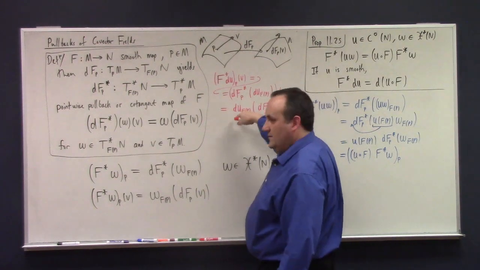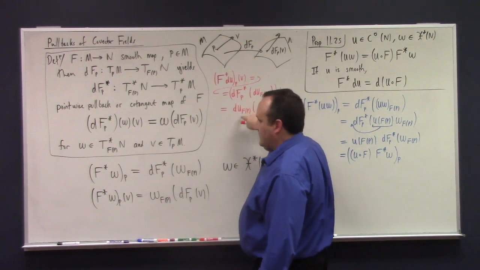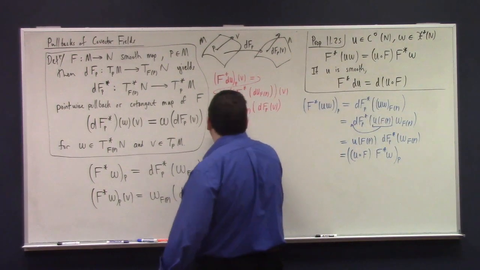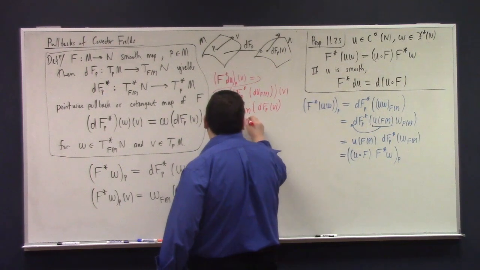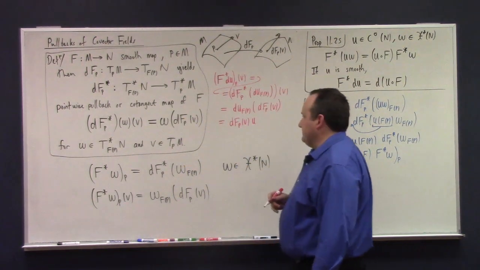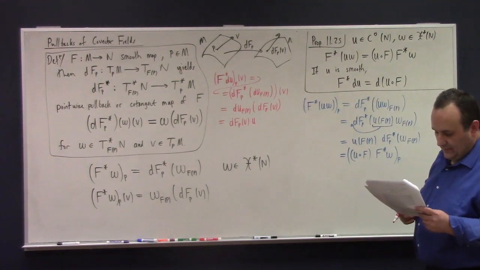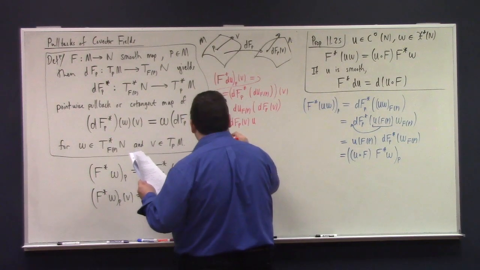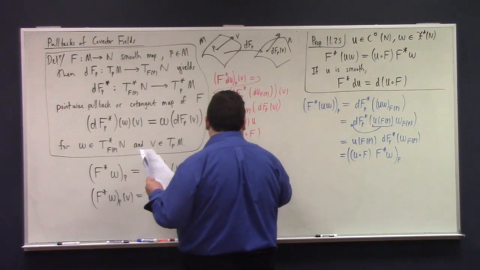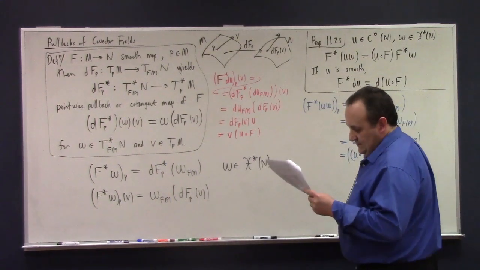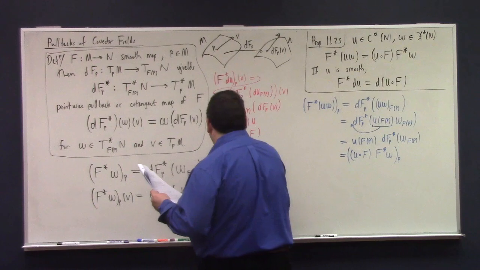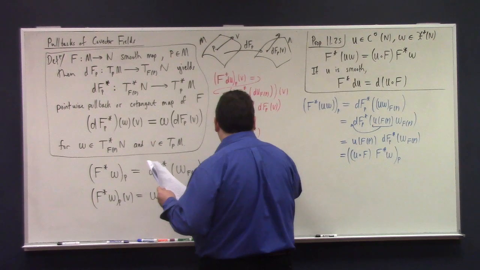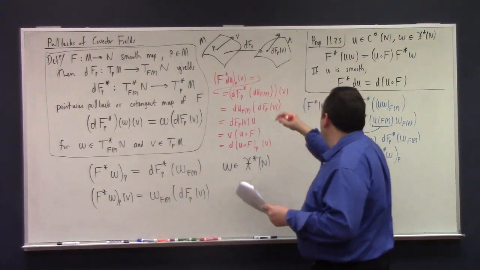But the f is this, and this is the v. So that becomes df p v acting on u, which then becomes v acting on u composed with f. Which then is exactly the differential of u composed with f at p acting on v. But this holds for all v, therefore that's true.